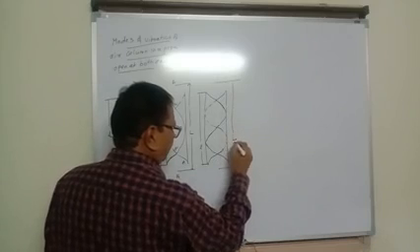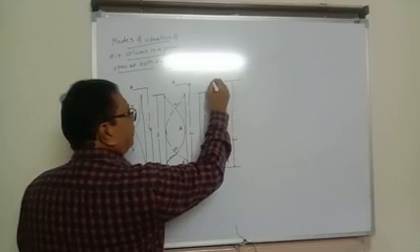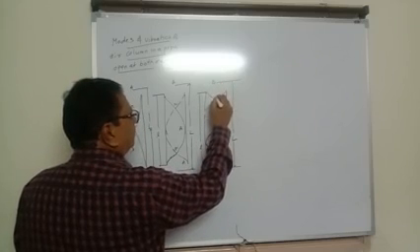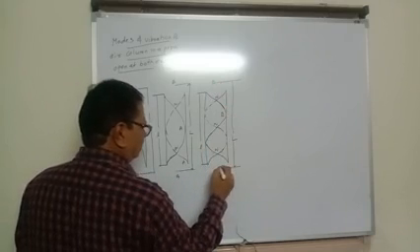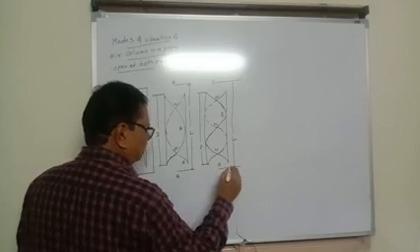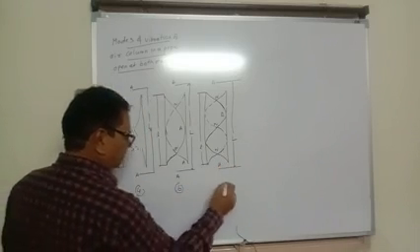Corrected length capital L, as shown in the figure. Antinode, node, node, node, antinode, antinode. Figure A, figure B, figure C.